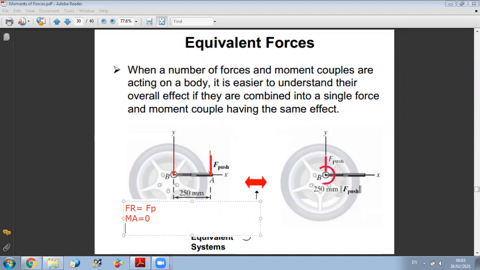And the moment about B is the force F times the perpendicular distance to B, which is 0.25. And this moment of F about B is clockwise. So it is a clockwise moment.